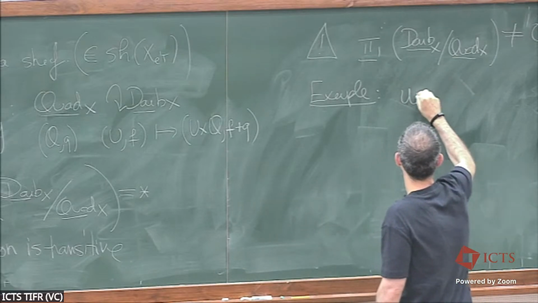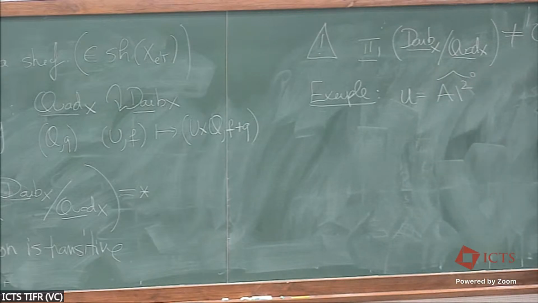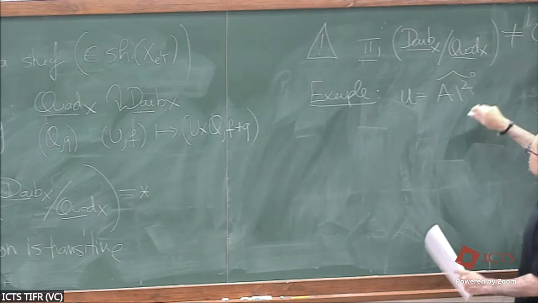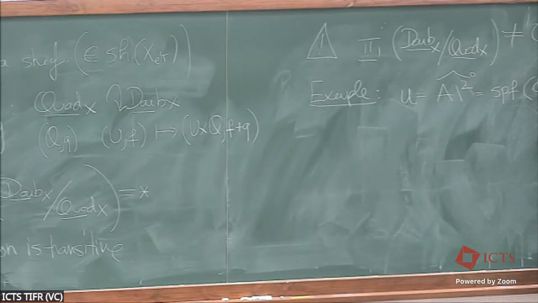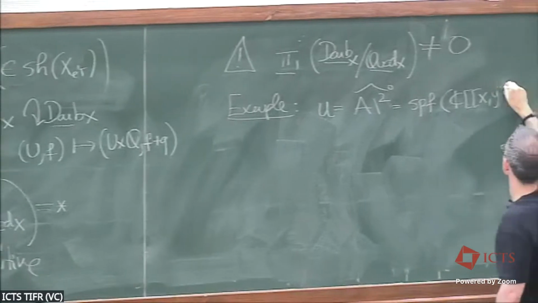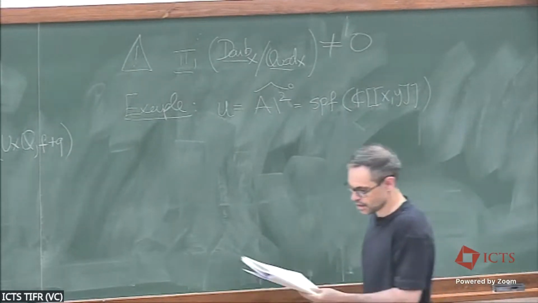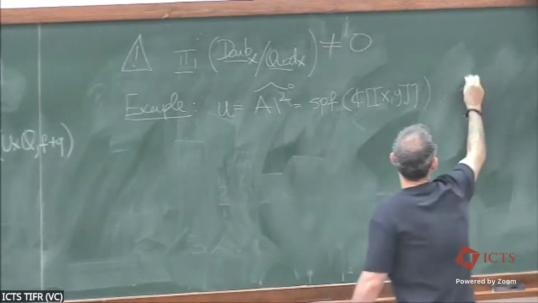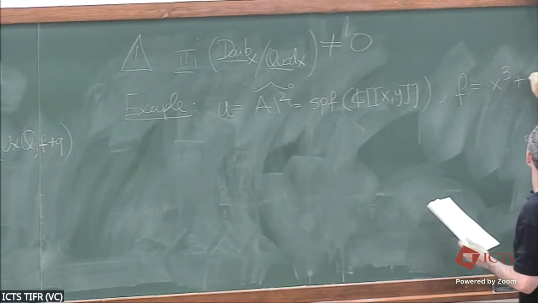Let me take U to be A2, but formally completed at 0. So this is just, if you want, Spf of the polynomial ring with two variables. Okay, so it's a smooth formal scheme. And let me take the function to be, I don't want to make a mistake, x cubed plus y to the 4.